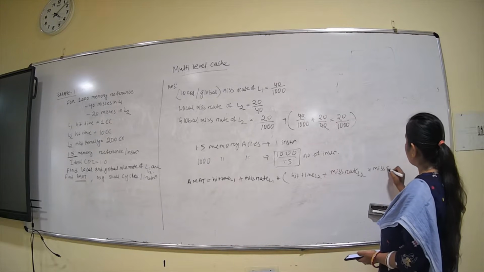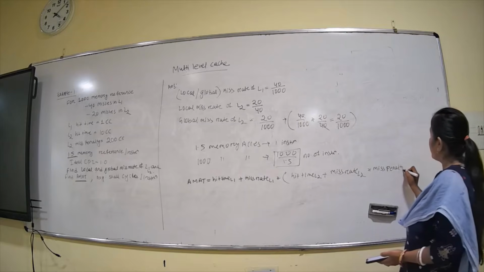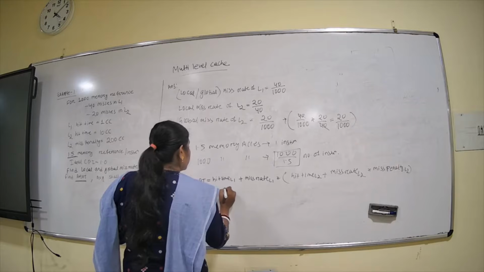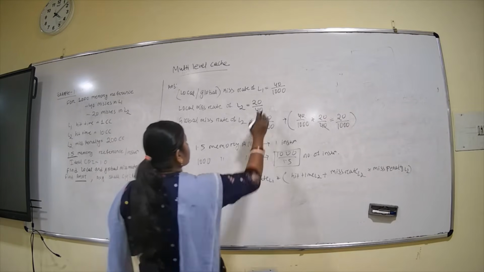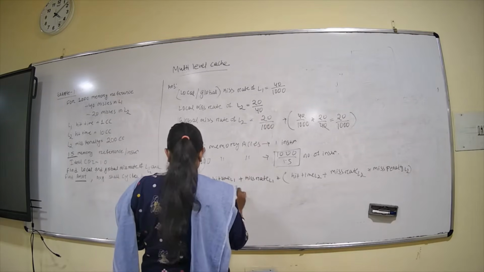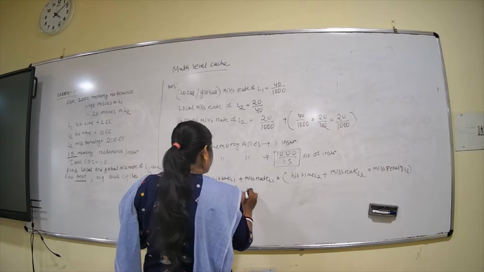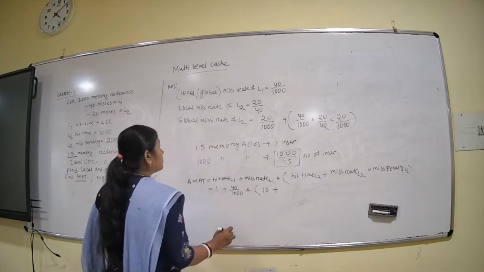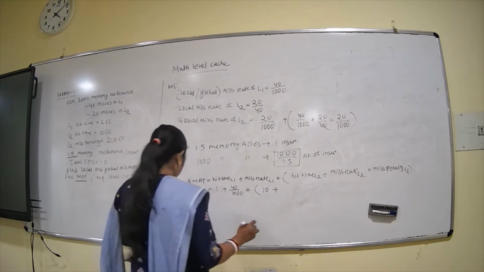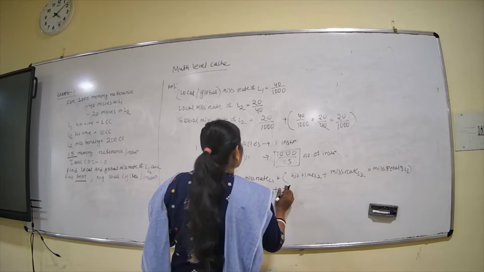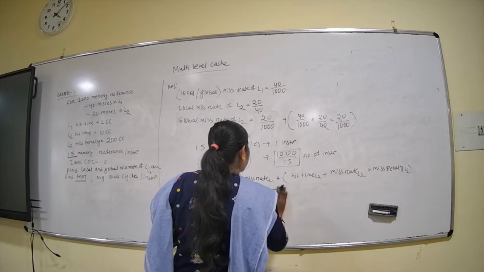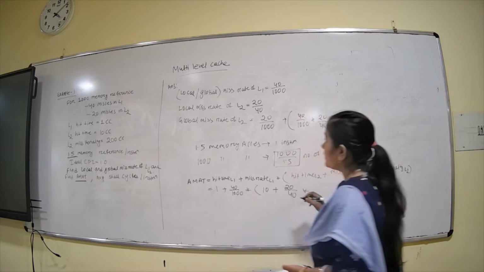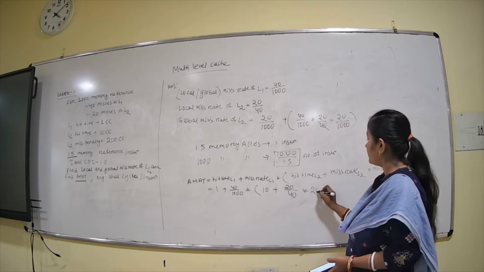Just put in the values. Hit time of L1 is given as 1 clock cycle. Miss rate of L1 is 40 by 1000, multiplied with the hit time of L2, which is 10 clock cycles, plus miss rate of L2, which is 20 out of 40, multiplied with the miss penalty, which is 200.